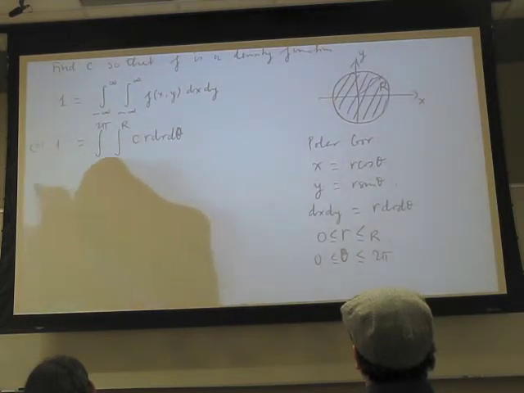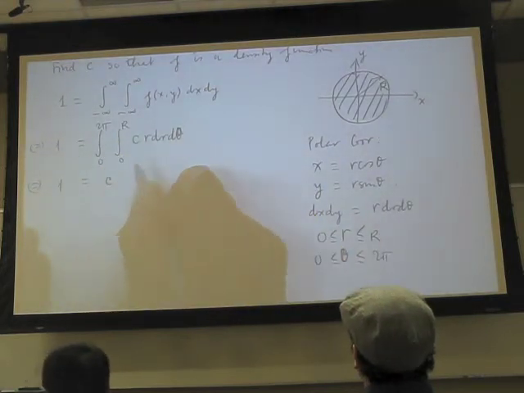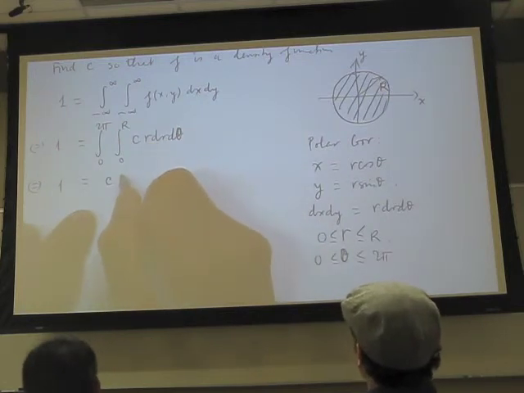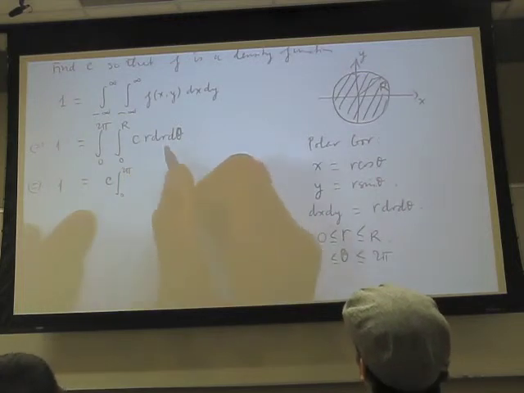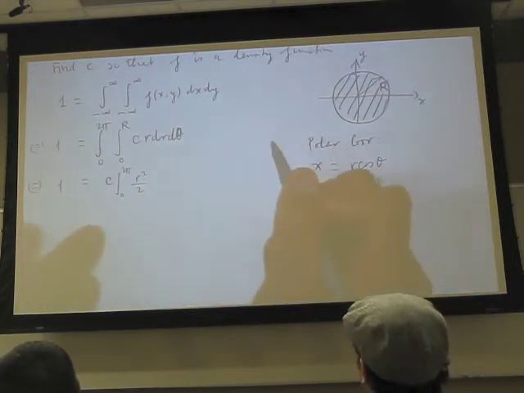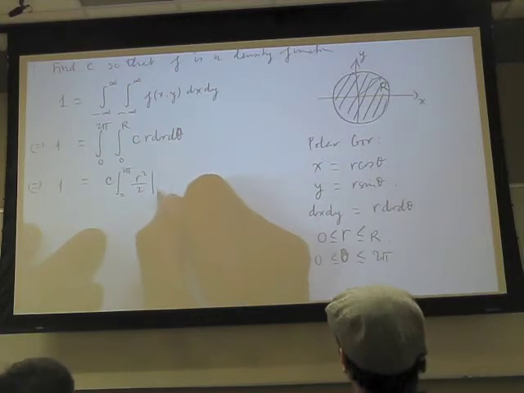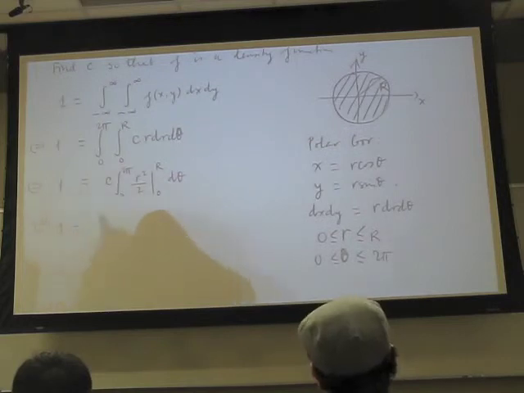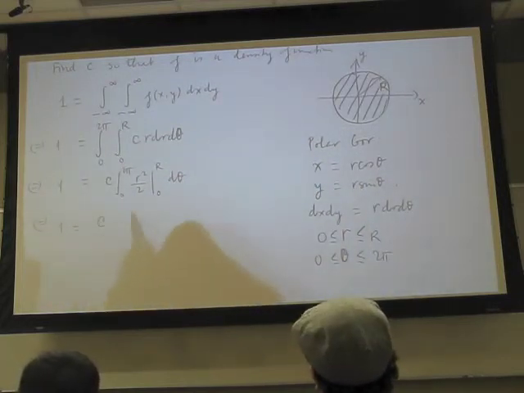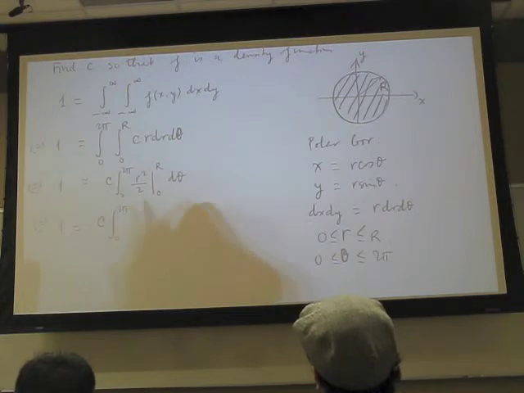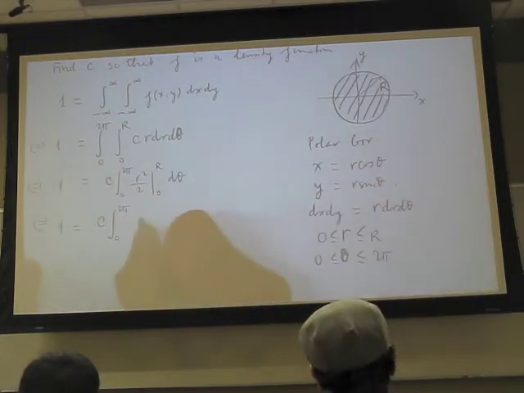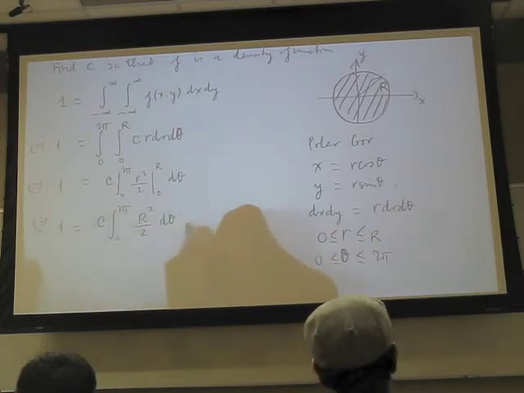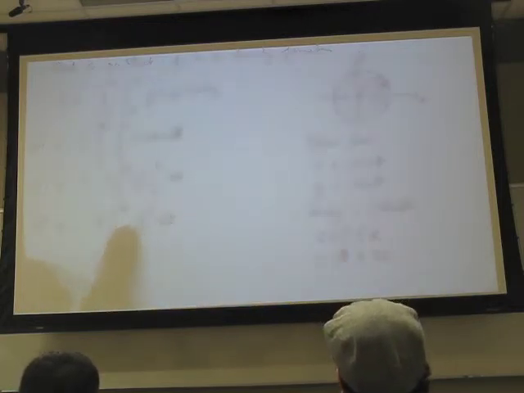Now I integrate this. I have 1 equal to c, and when I integrate in r first, I have the integral from 0 to 2 pi of r squared over 2, evaluated from 0 to capital R, d theta. Which is the same thing as c times the integral from 0 to 2 pi of capital R squared over 2 d theta. When you integrate this, you just pick up 2 pi.